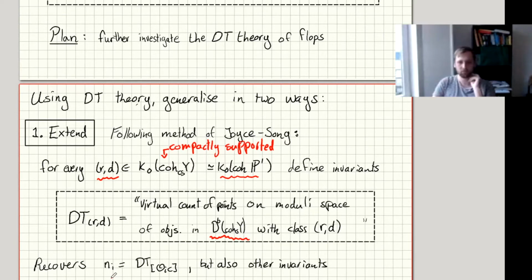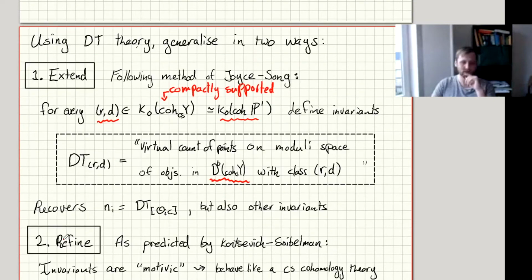Right, and this will recover the GV invariants. That's another result. So this is like a natural generalization. But it's not entirely clear how much more data this will actually add, if there's actually any new geometry captured by these invariants. So that's a bit of an open question.